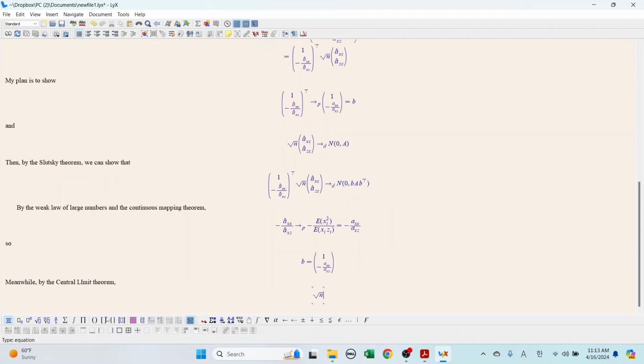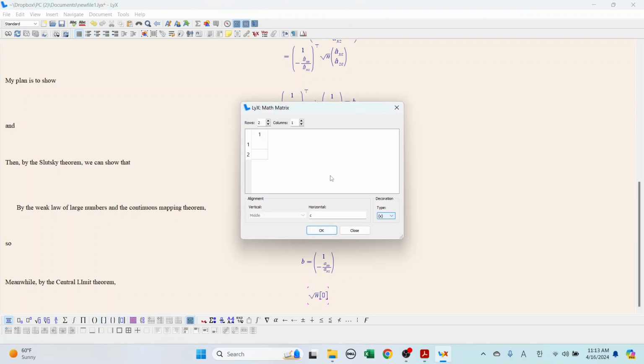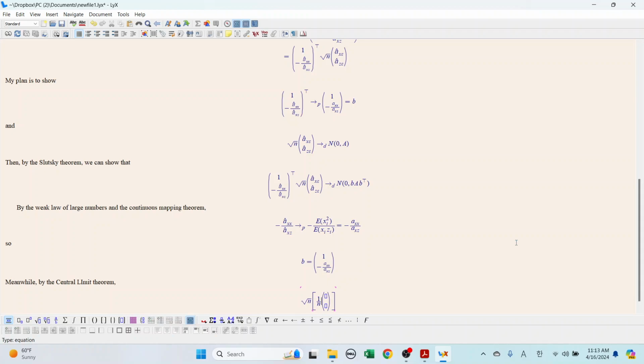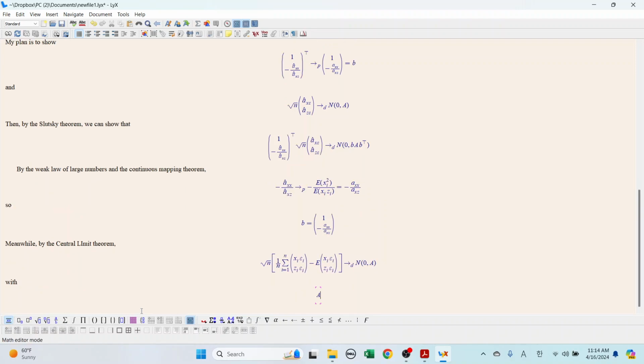It is easy to see that, say, x epsilon, z epsilon minus expectation, the same thing, with A equals variance of this guy.